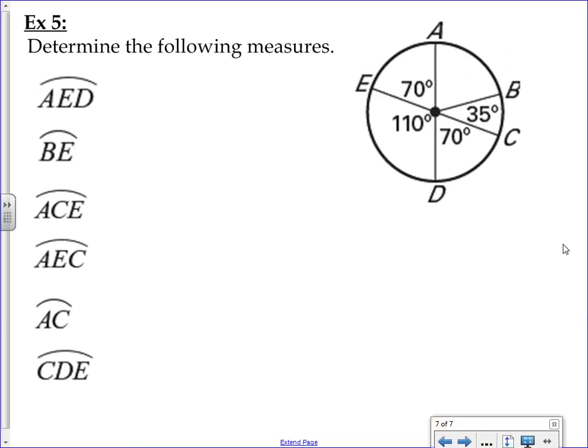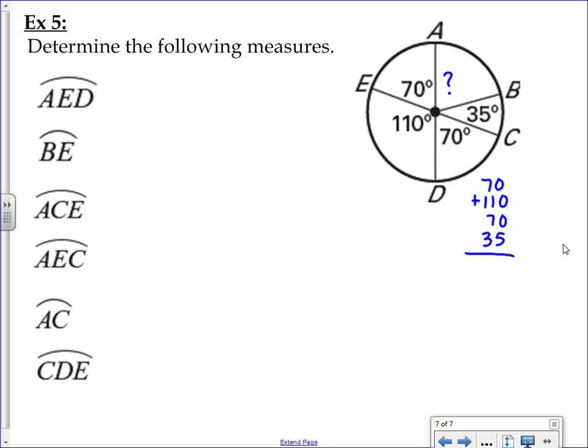Okay, I believe this is the last example that we have here. It's the same exact idea. So before we even start finding all these arc measures, let's figure out this missing piece of the circle. And we'll do exactly what we did before. We're going to add up all the angles that we currently have.